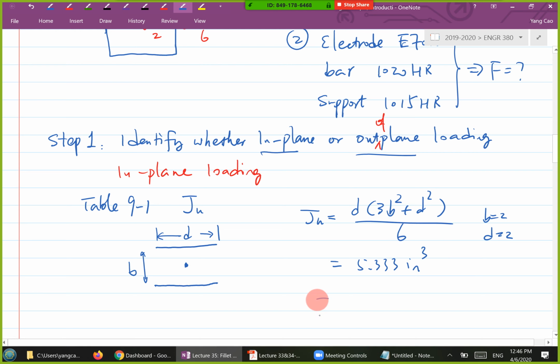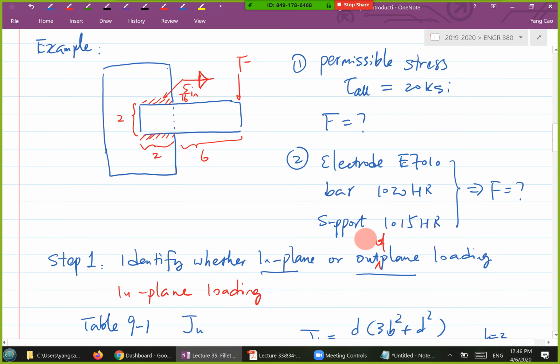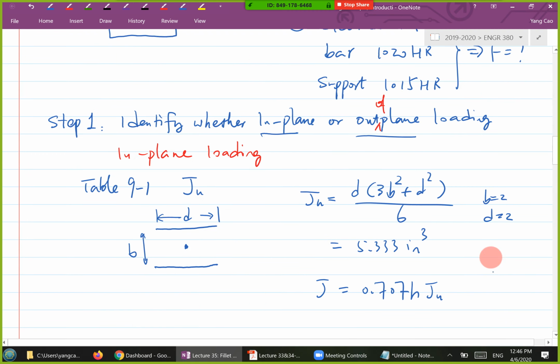Then you can get your J value. The polar moment of area is 0.707 times H times JU. H you have to read from the given welding symbol, which is 5/16. So now substitute JU and H into here, and we get J as 1.18 inch to the power 4.